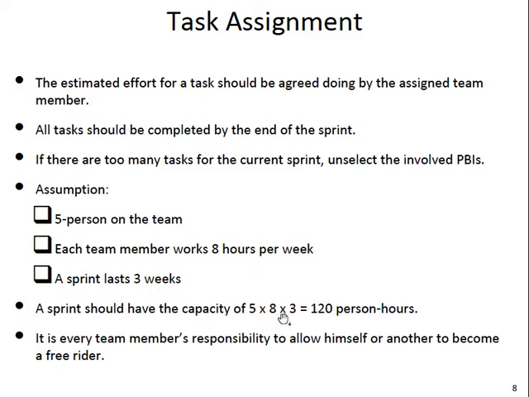Oh, I think there's a mistake on this slide. What mistake? I forgot there are 5 days a week. So it should be 5 times 5 times 8 times 3. Like it's the total person hours. But probably person hours is too small a unit. Maybe it's better to use person days.